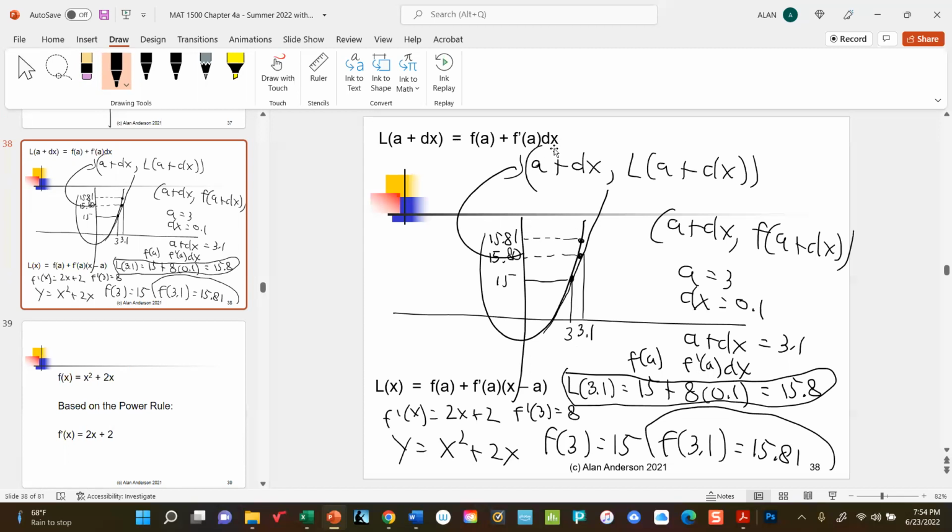The same starting point, 15, but then we're moving up the tangent line to a different position. We're using the slope of the tangent line, f prime of a, and the width of this dx to come up with a new point on the tangent line, which in this case is 15.8, as opposed to the actual value of 15.81.